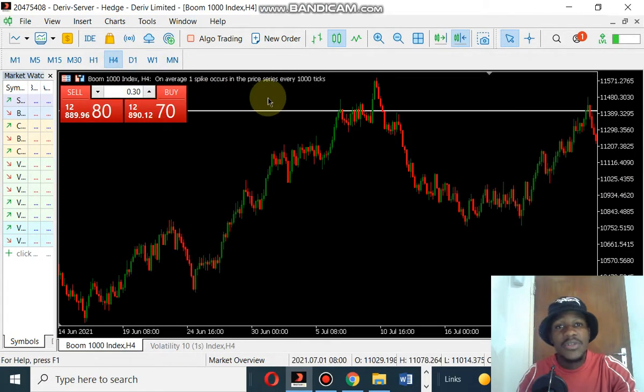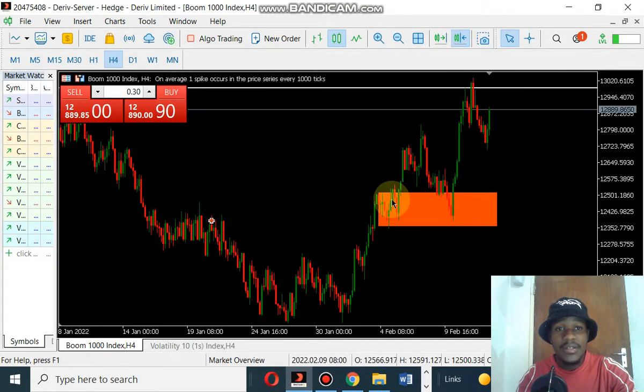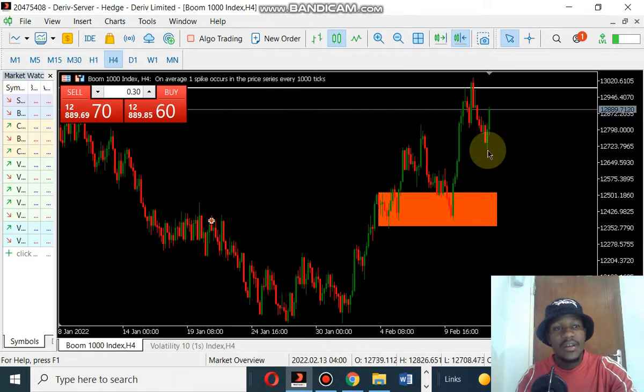On H4, that's when we'll know where we can take our entry point. Alright, this is the small PCP, and it came from daily. This is where the price turned. If we go to a smaller time frame, you will know what made the price turn here.